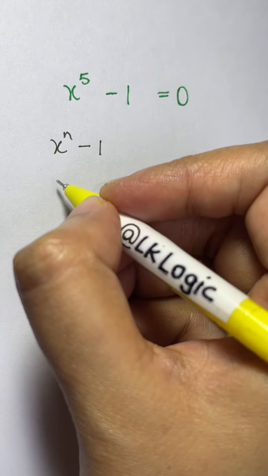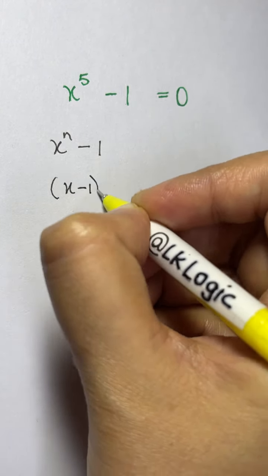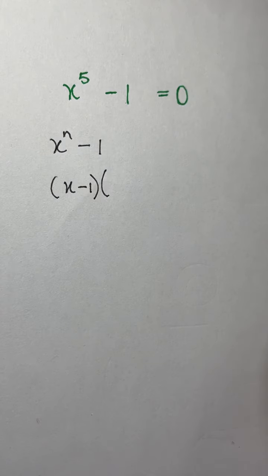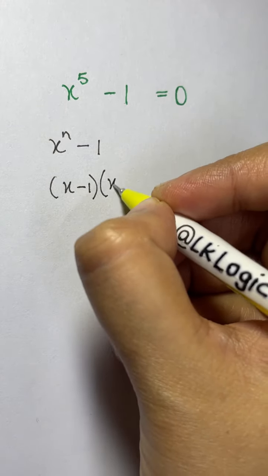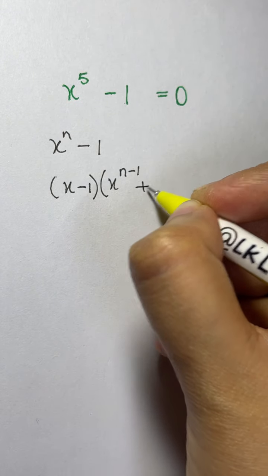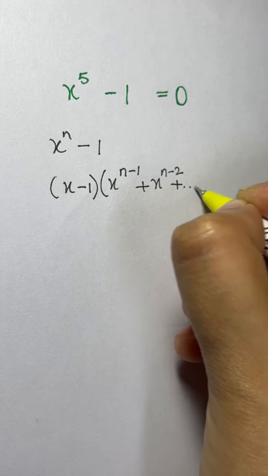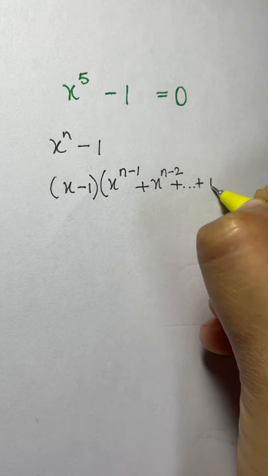And that result is x minus 1 times x to the power of n minus 1 plus x to the power of n minus 2 plus and so on plus 1.